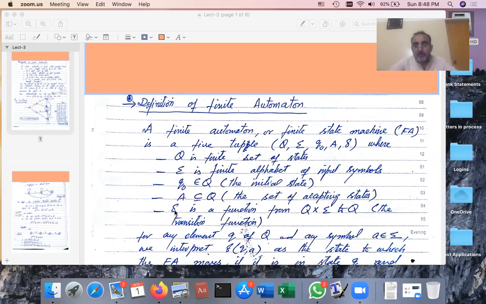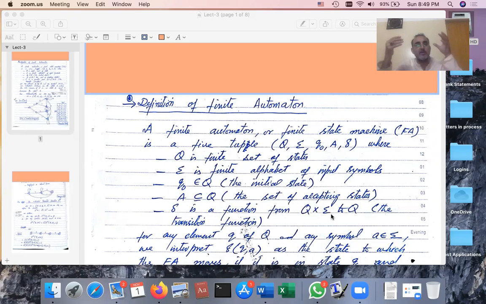So finally, the delta. Delta is basically a transition function. Delta is a function from one state to another. If you have a state in finite automata and you have another state, then the transition from this state to this state is delta. So delta is a transition function from big Q cross product of sigma, which means we have a set of states in big Q, and we have a set of input symbols sigma.